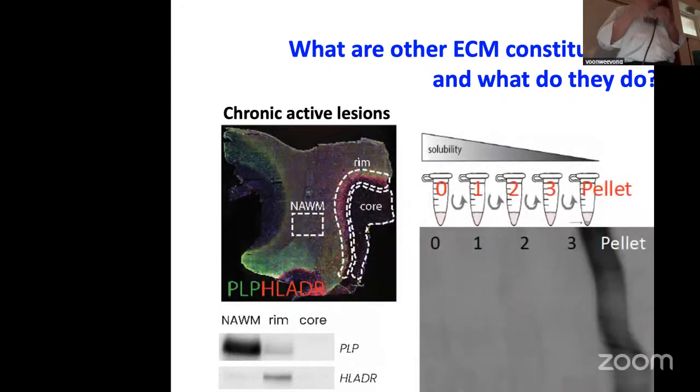And then we bring this through fractionation with successively increasing strength of detergent in order to arrive at a pellet that is highly insoluble and enriched in ECM proteins. This is what we then bring through shotgun proteomics.